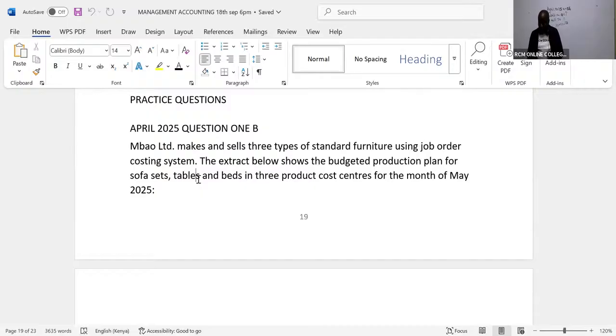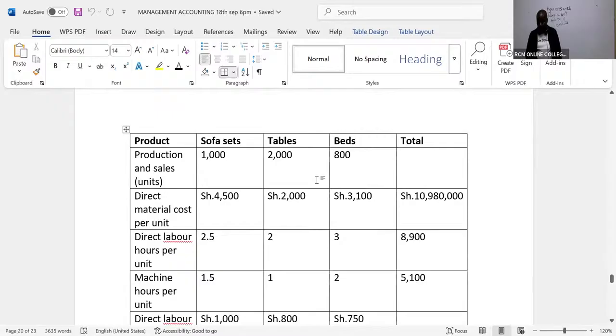So I read it. We are told Mbao Limited makes and sells 3 types of standard furniture using job order costing system. The extract below shows the budgeted production plan for sofa sets, tables, and the beds in 3 production cost centers for the month of May 2025.